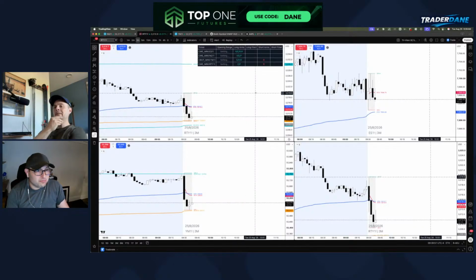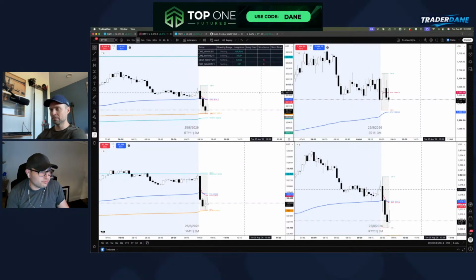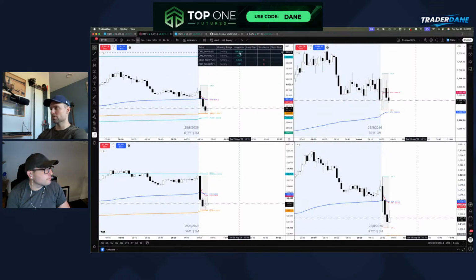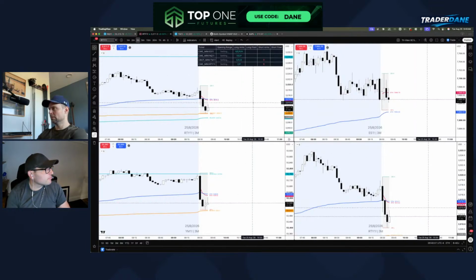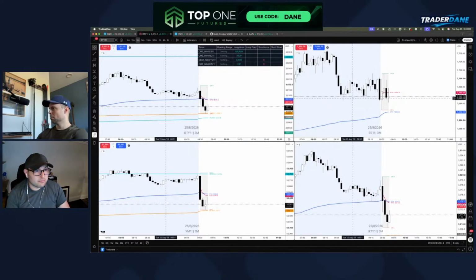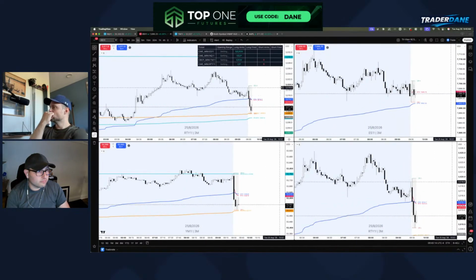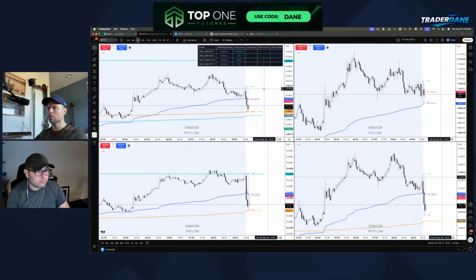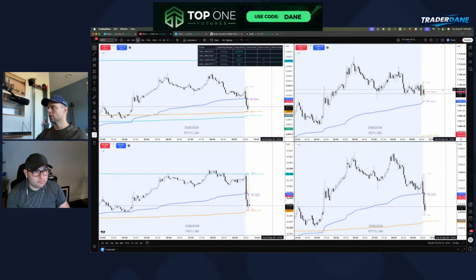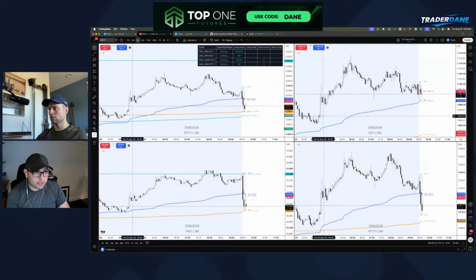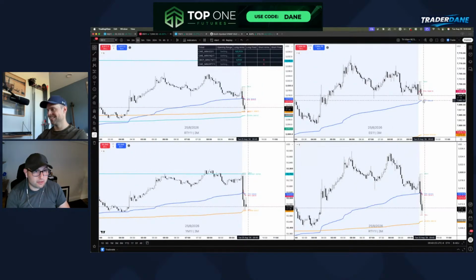Okay, what are we looking at here? ES looks like shit. Everything else looks directional, pretty much. I mean, ES looks like shit, but I would take a bounce.